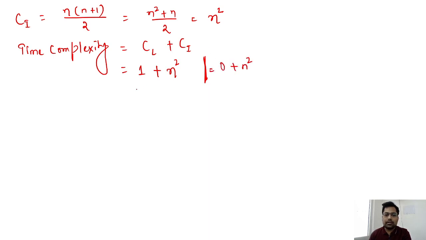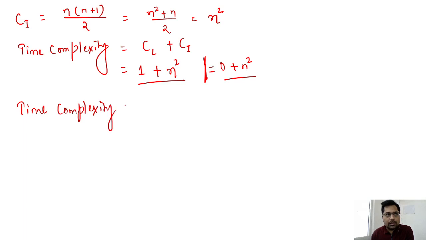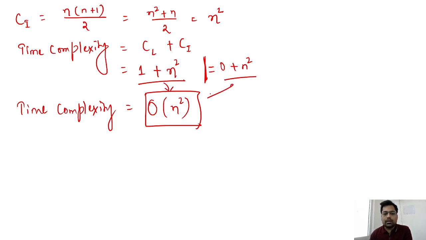Then the bigger value will be displayed. The bigger value means out of this, one is constant and the other is quadratic, so quadratic is greater than the constant. That's why the time complexity will be written as big O of n square for both the cases. For both the cases n square will be the maximum for us. That's why we can write it.